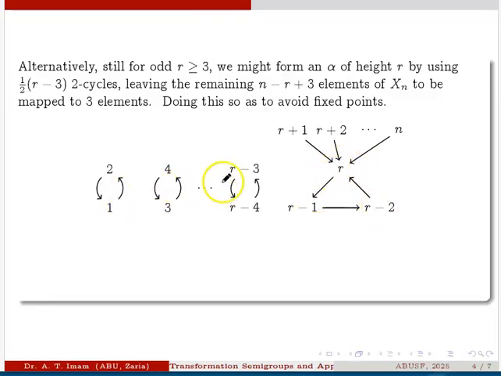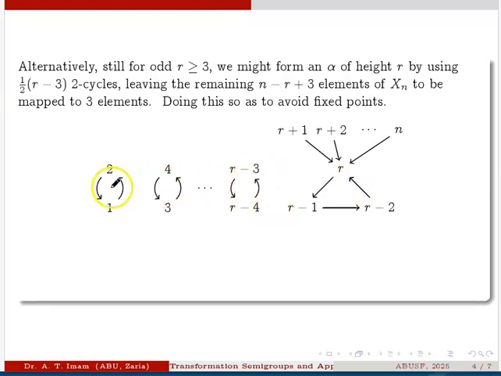And still this is giving you a cycle number. This is not actually the maximum number of cyclic orbits, but it does it in a way that there is no fixed point. So you avoided a fixed point so that you would not have to subtract one.